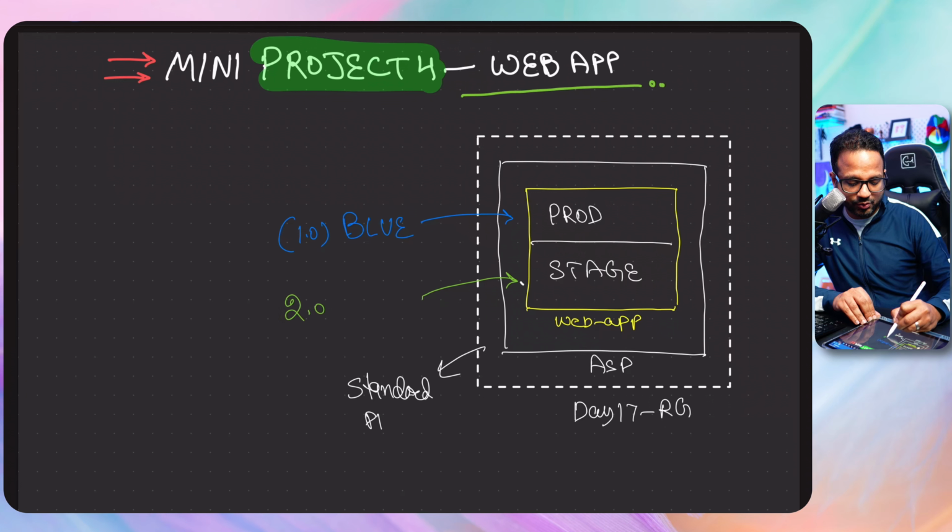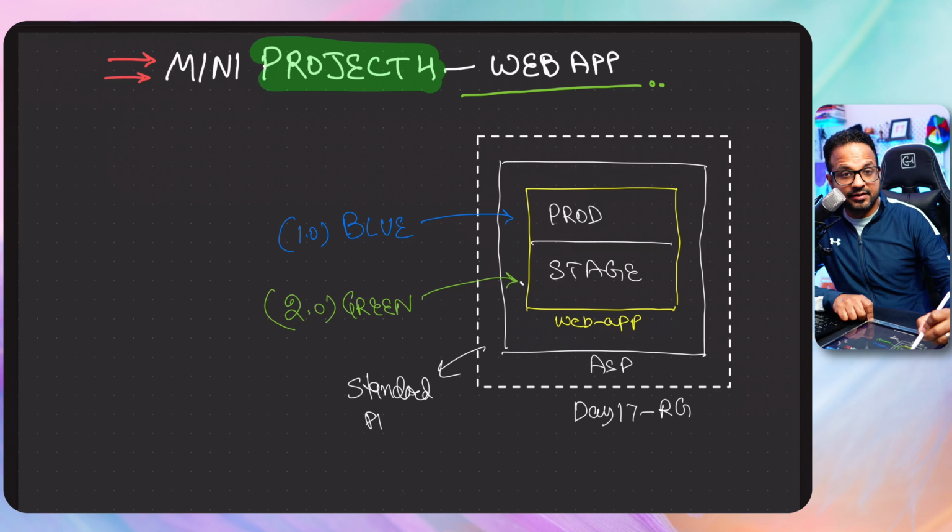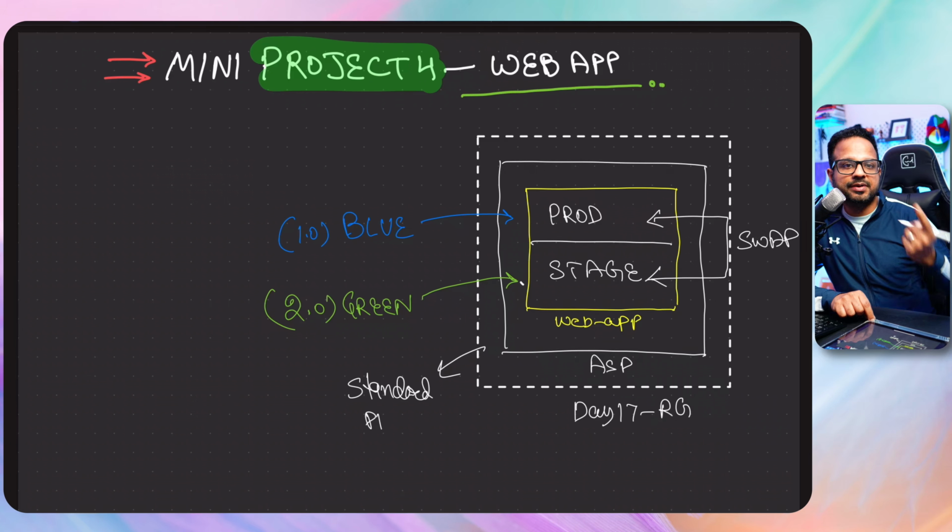Let's call it 2.0, and it's a green app. So we'll create a default slot and then a staging slot, and we deploy another version of it. And then at the end, we'll do the swap between those two versions. So now blue will become green, green will become blue.